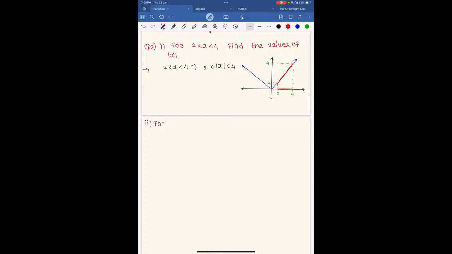For minus 3 less than equal to x less than equal to minus 1. So minus 3 less than equal to x less than equal to minus 1 साठी. So again mod of x चा ग्राफ सेम आहे.